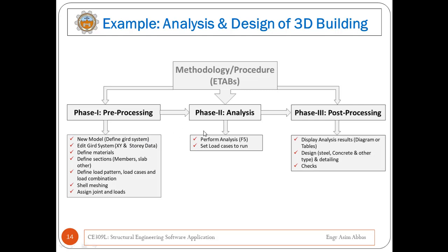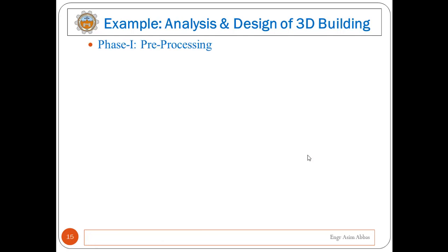Phase 2 is related to the analysis, where different load cases are set to run. Phase 3 is called post-processing, where different results are displayed and the designing of the structure is performed.